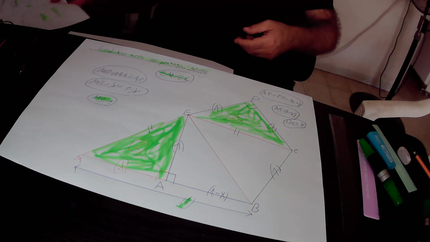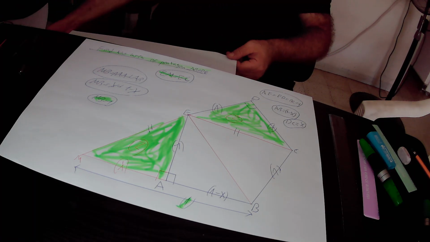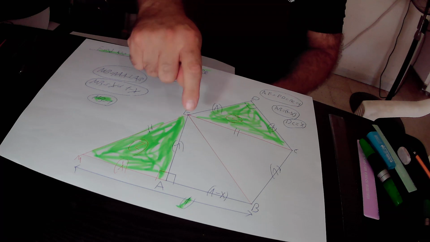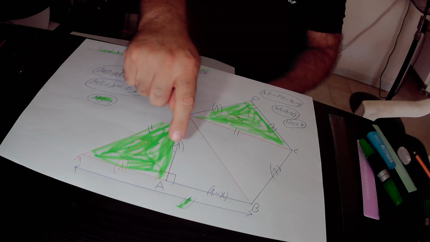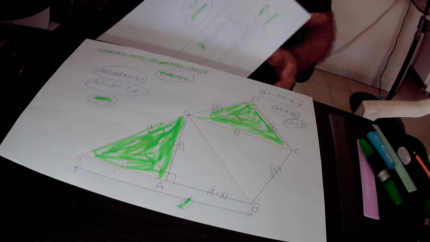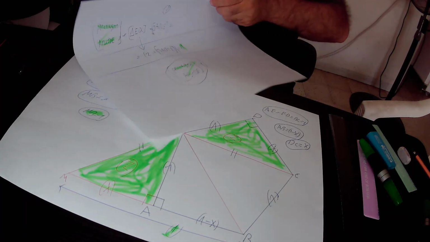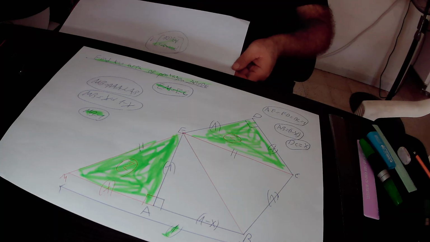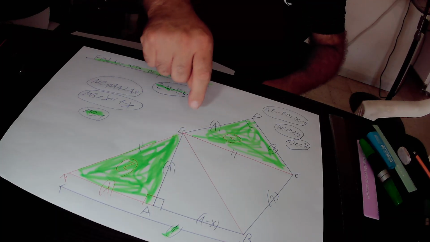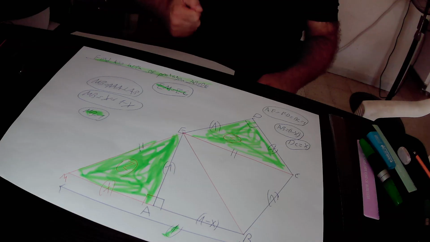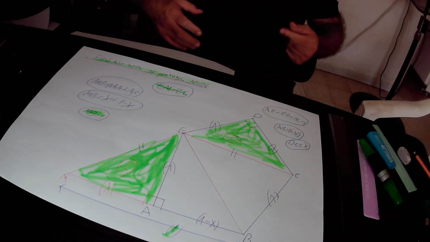Okay. Our task is to find the area of this big pentagon ABCDE. So what is the area of the big pentagon ABCDE? The area of the big pentagon must be equal to the sum of the areas of the shapes that it consists of.